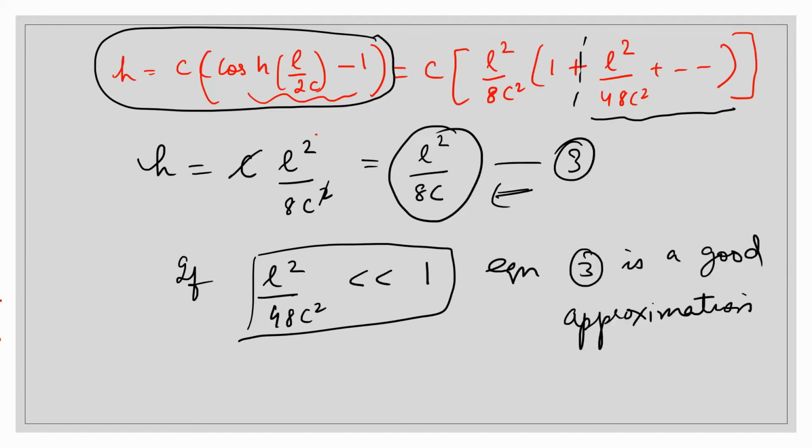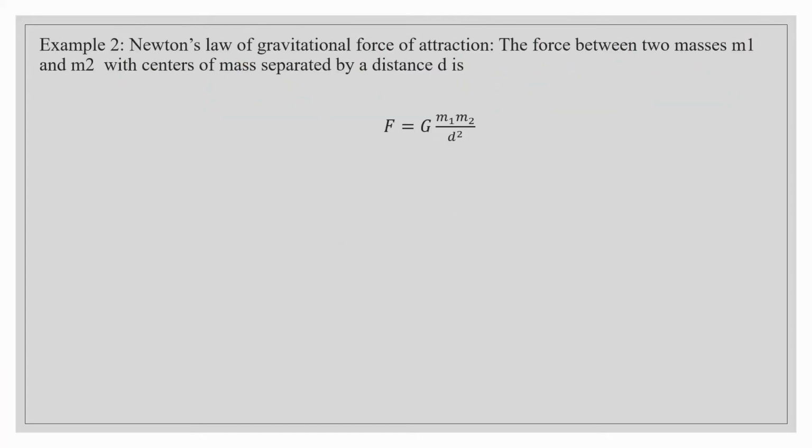Now we will do one more example. This example is for Newton's law of gravitational attraction. As you know, if I have two bodies of mass m1 and m2 separated by the distance d, then the gravitational force of attraction between them is given by this, where capital G is the universal gravitational constant.